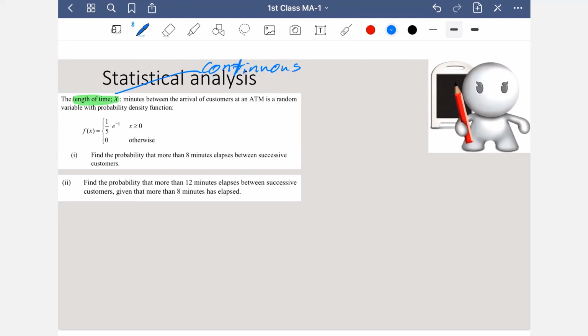So X is a continuous variable, and it also mentions that it's a probability density function. So find the probability. Now, to calculate probability, probability is area under the function, under the curve.